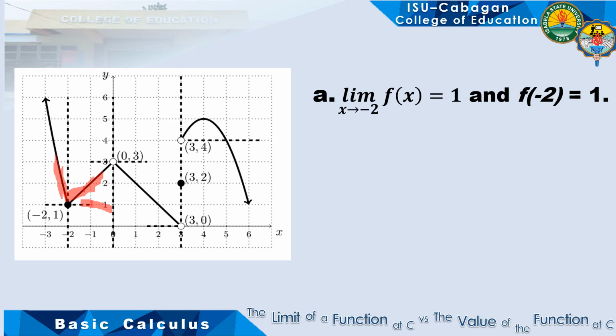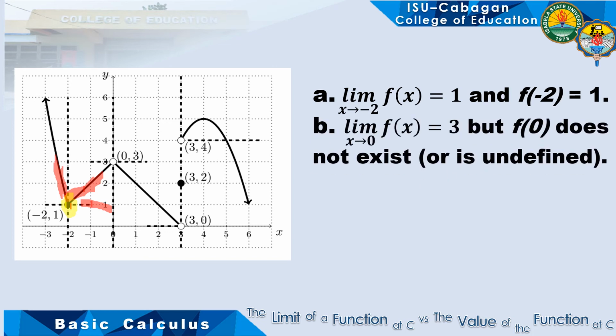While f of negative 2 is equal to 1 because kasi itong graph, kung mapapansin nyo, meron siyang bilog na black. And that bilog na black, yun ang ating value ni function kay negative 2. So which is 1. So therefore, f of negative 2 ay 1.